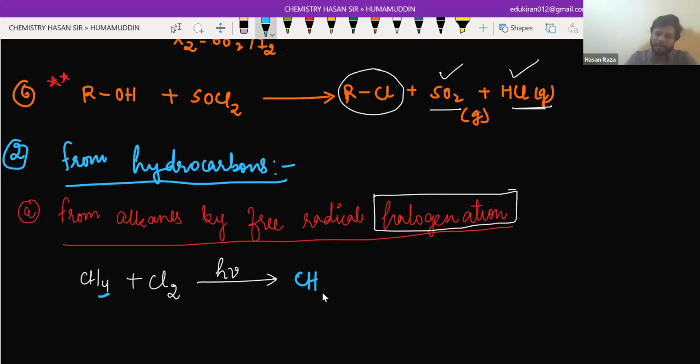Now it will have 3 hydrogen, and one hydrogen's place will be replaced by chlorine. And as a byproduct, one of the hydrogen from here and the chlorine from here, this will be our byproduct. So basically, this is the main product. We were preparing haloalkane, so you can see, or alkyl halide, methyl chloride or chloromethane is here.